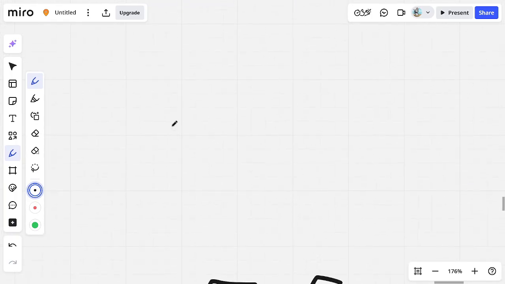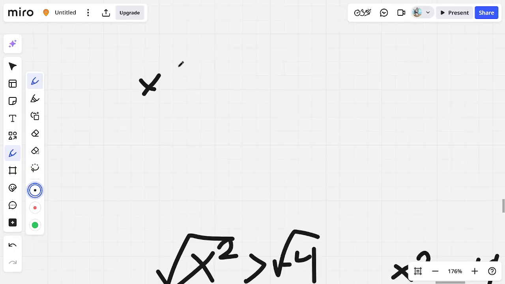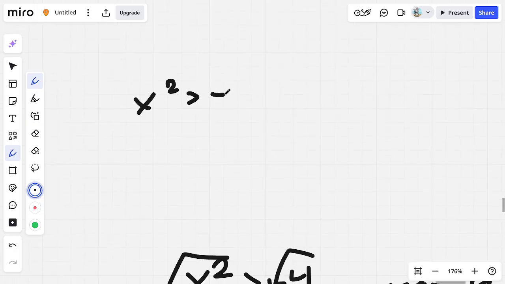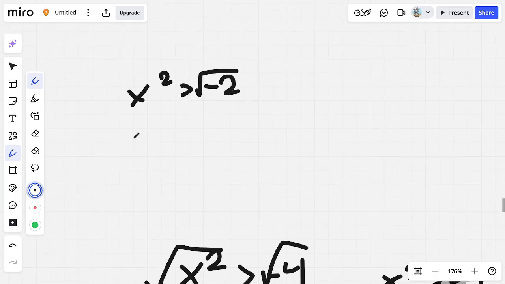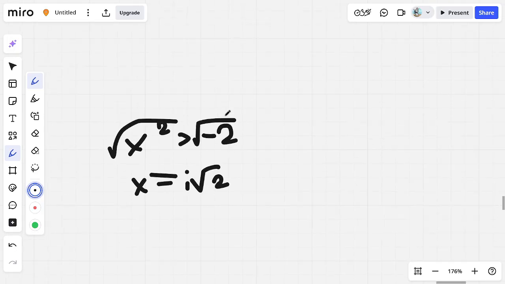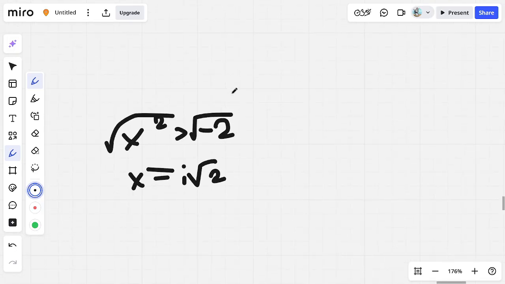Another thing to note, if we have x squared is greater than -2, and then we square root both sides, you get x equals i square root of 2.